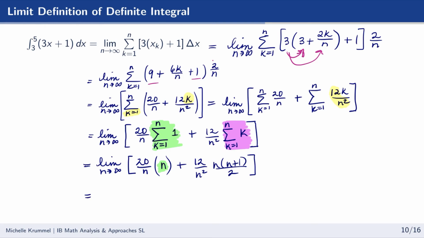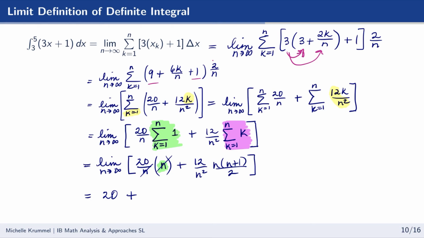So the limit of 20 over n times n, these n's actually reduce to just 1, right? n divided by n is 1. So it's the limit of 20 plus, and the limit of a constant is just the constant, so 20 plus the limit of 12 over n squared times n plus 1 over 2.